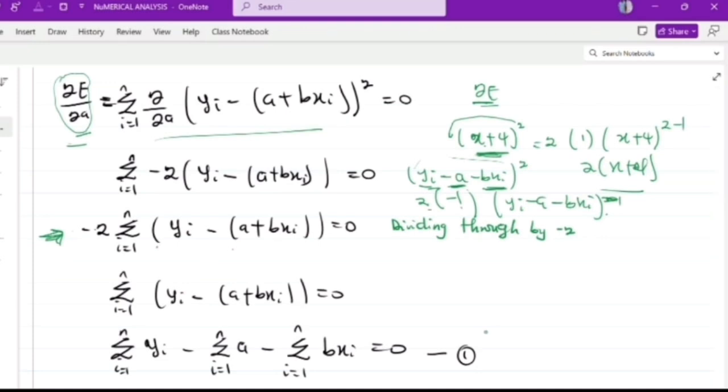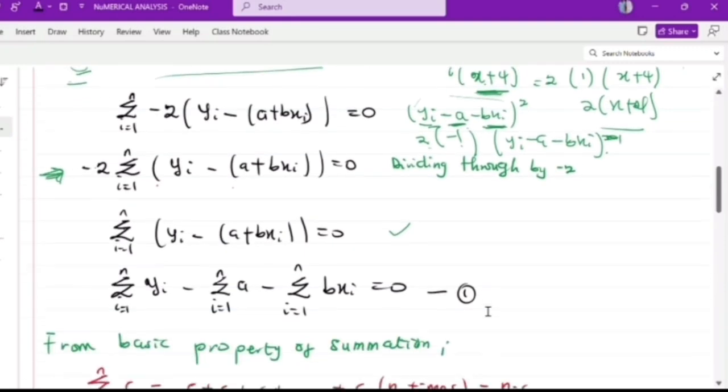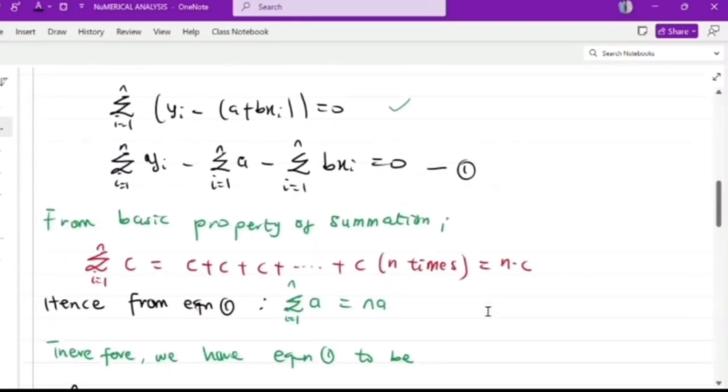So when you divide through by negative 2, you are going to end up with this equation.